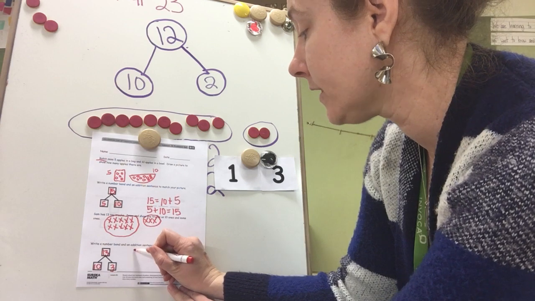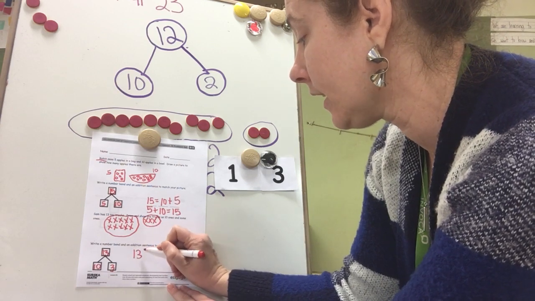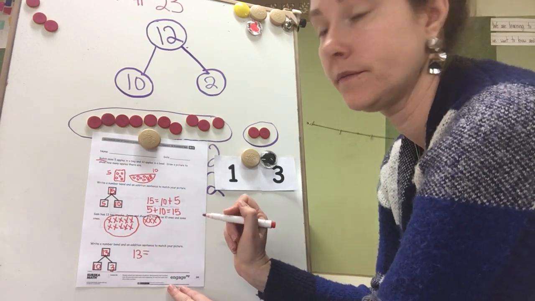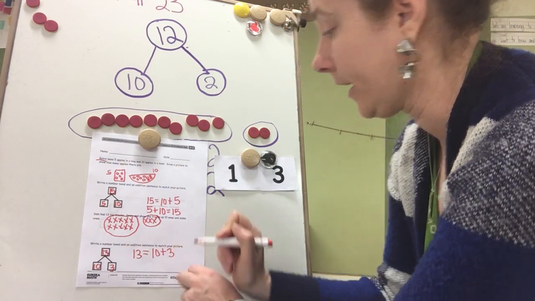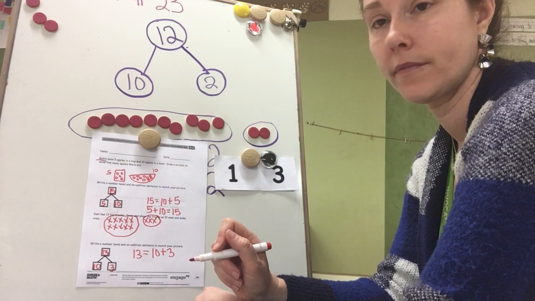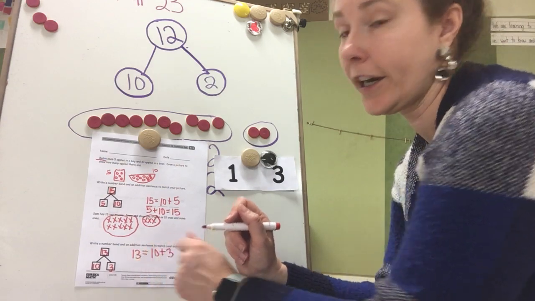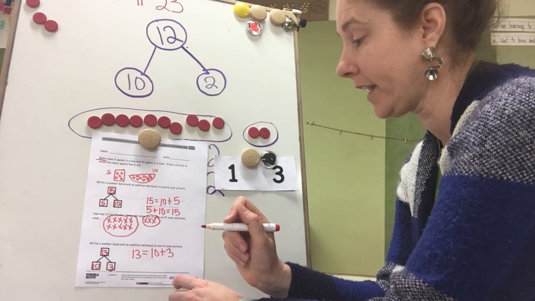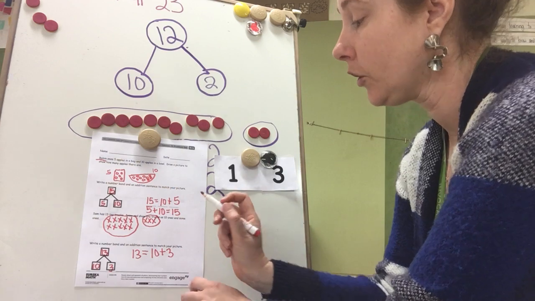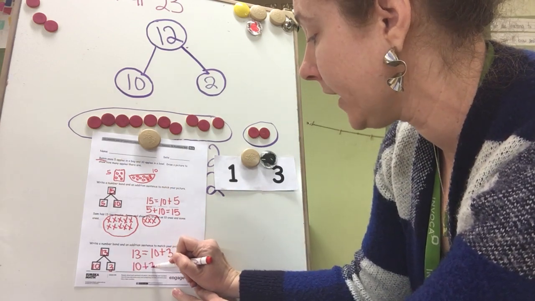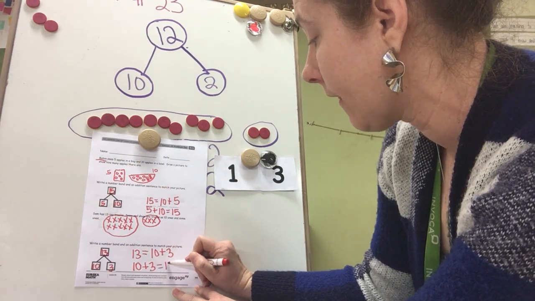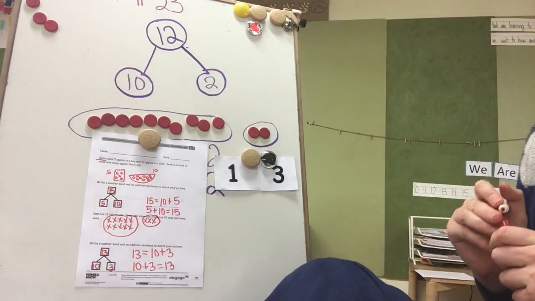Now let's write our math sentence. 13 equals 10 plus 3. We started with the total in our story, so that would be the best way to write that math sentence. You could also write 10 trucks plus 3 trucks equals 13 trucks.